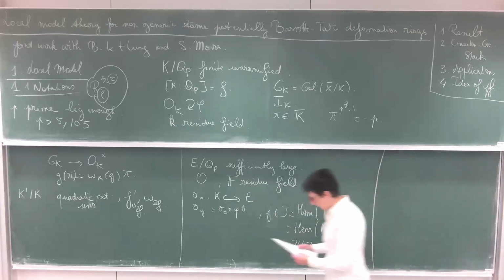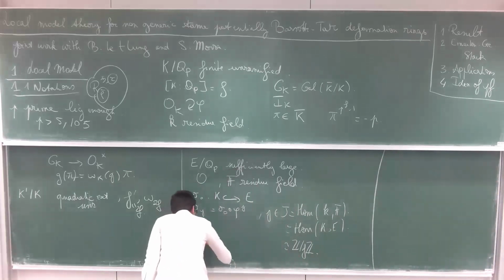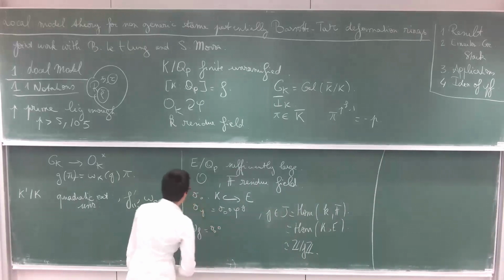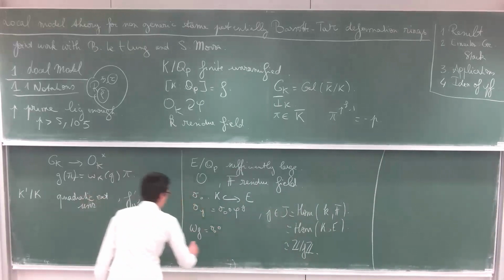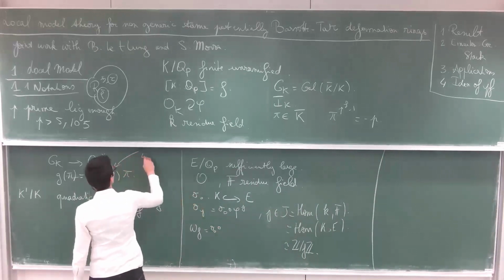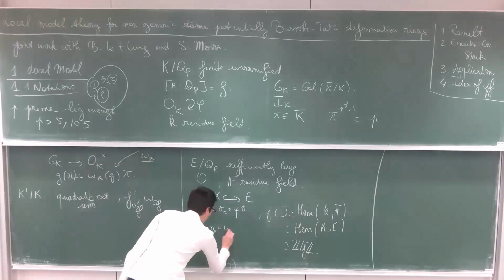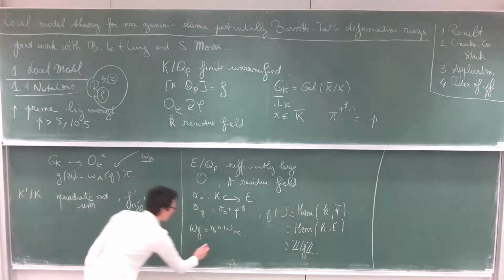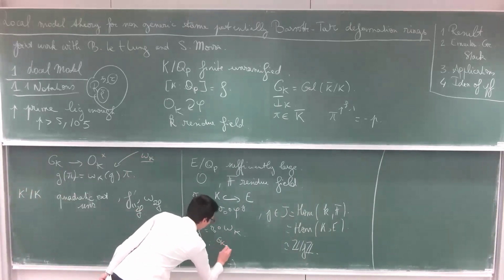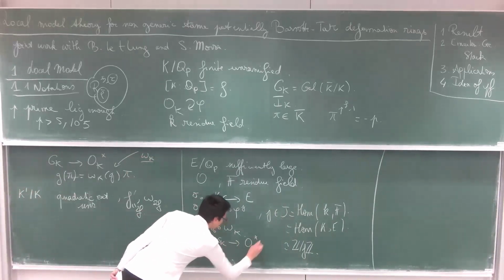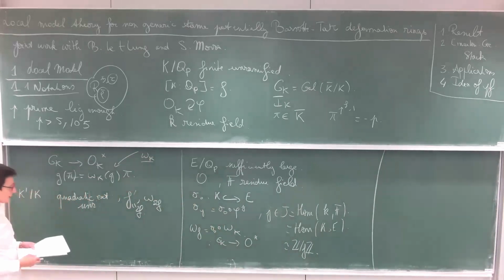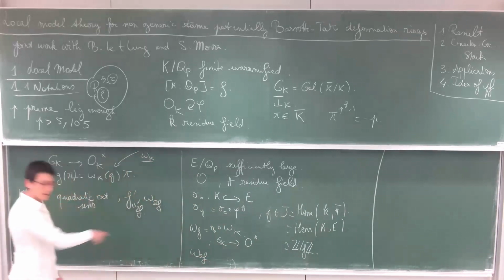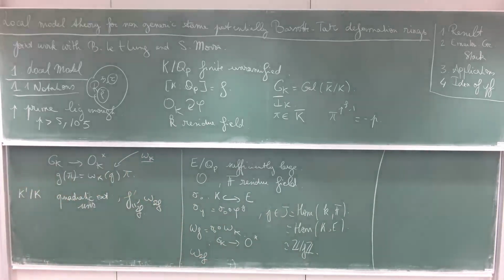And I will denote omega_f, it's sigma_0 times this one. It allows you to define this one. So this one goes from G_K to F^x. And in a similar way, you have this element.